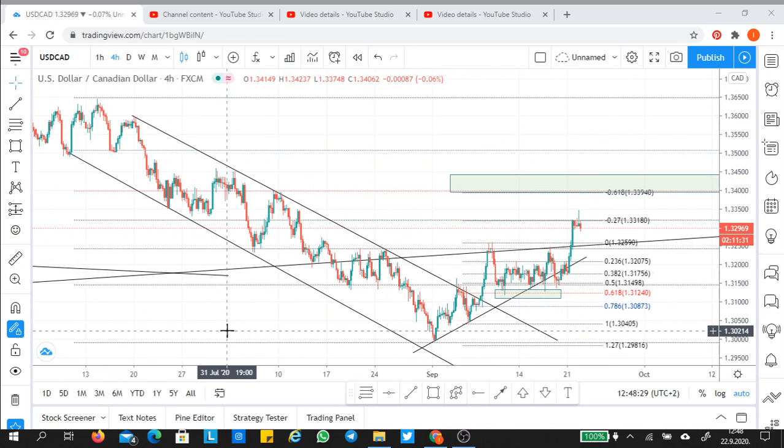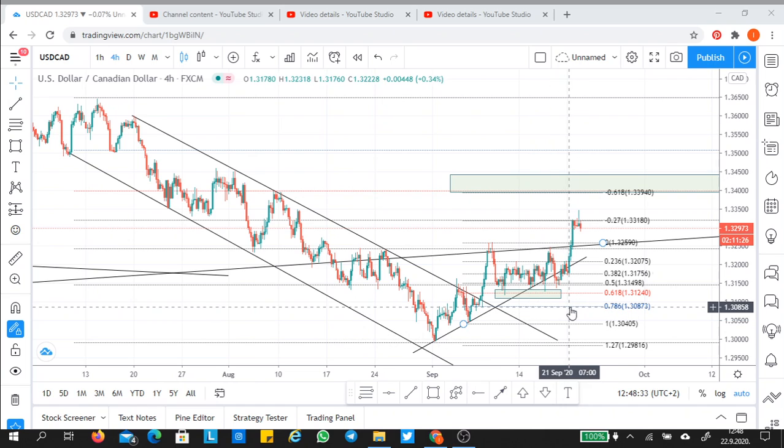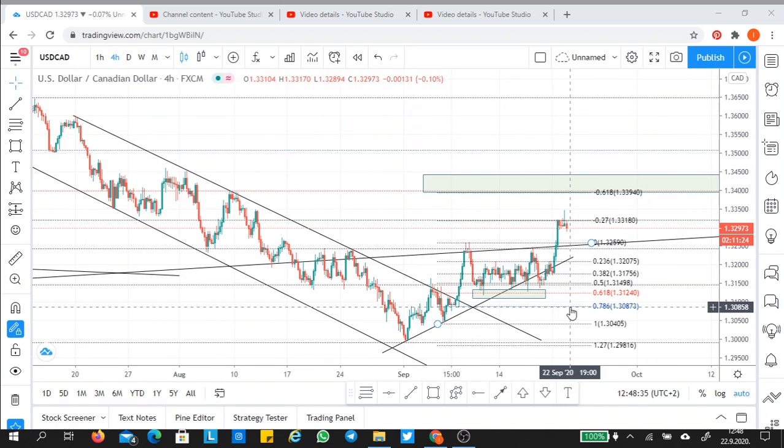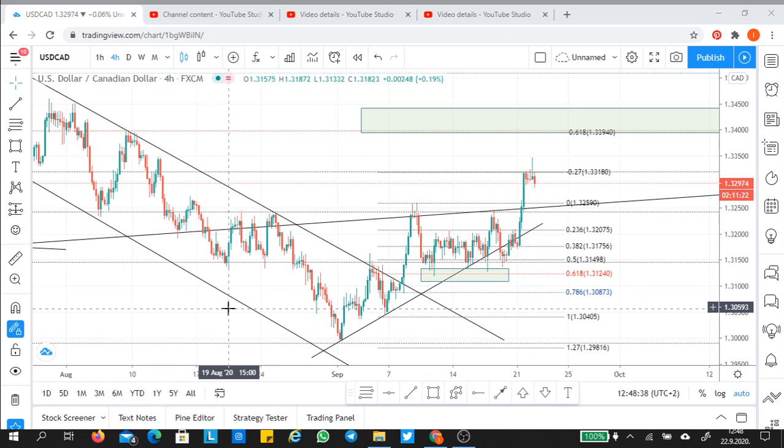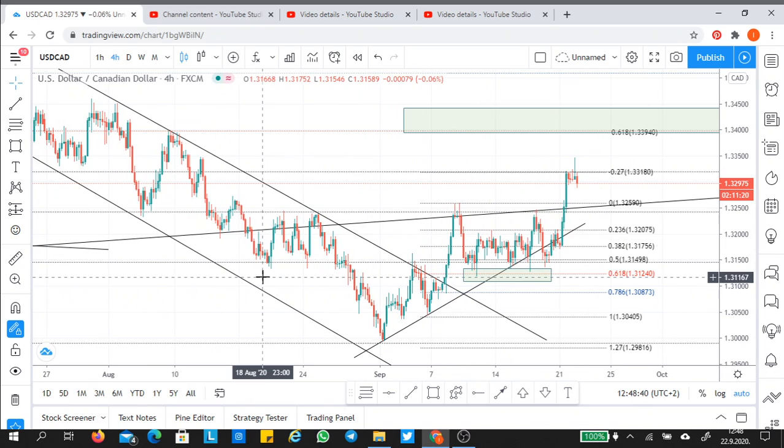We'll see how this will go, because on Monday it already started pushing hard, so the dollar was gaining strength against all majors across the board. So we already had a good push and a good move on Monday morning.